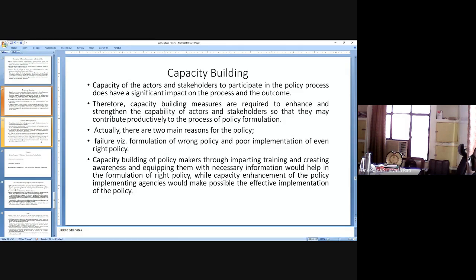While capacity enhancement of the policy implementing agencies would make possible the effective implementation of the policy. So in this way, capacity building is one of the most important aspects from the point of view of both groups, actors and stakeholders. Capacity building will also play an important role. Next slide.